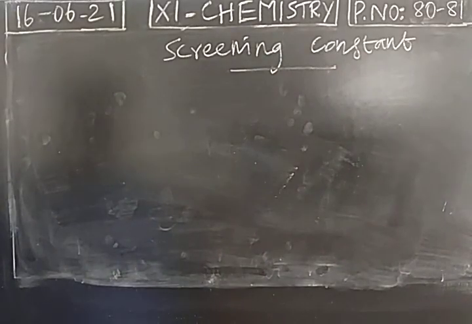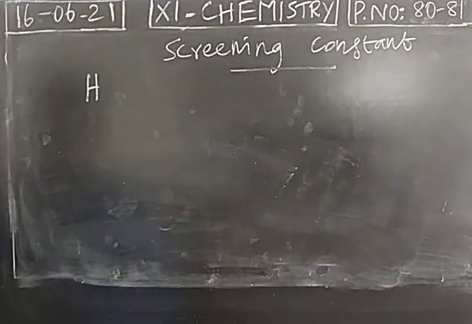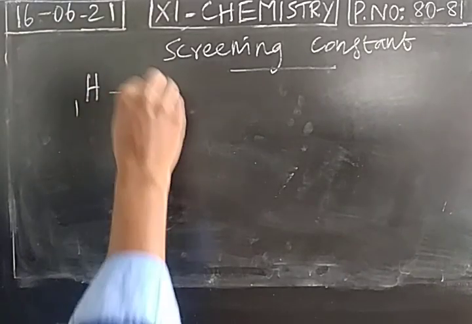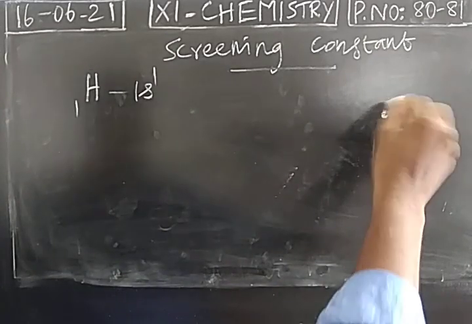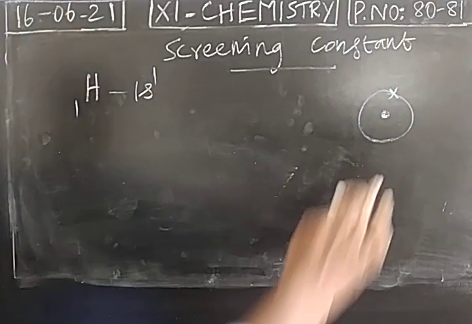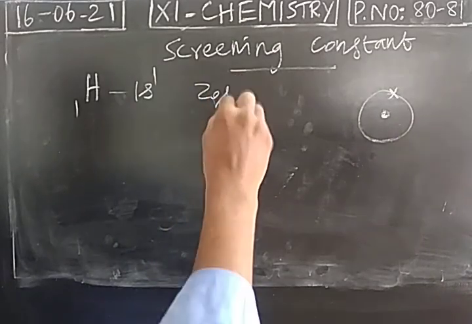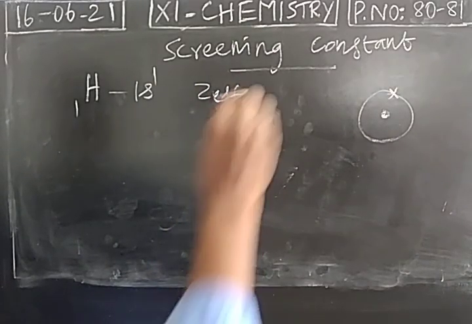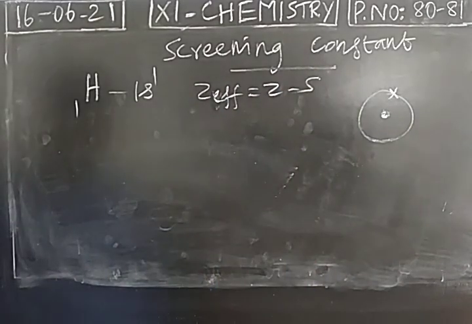So we are going to find a screening constant with the help of Slater's rule. First we take hydrogen with atomic number 1, electronic configuration 1s1. So we have an electron in the first cell. The formula for effective nuclear charge: effective nuclear charge is equal to atomic number minus screening constant.